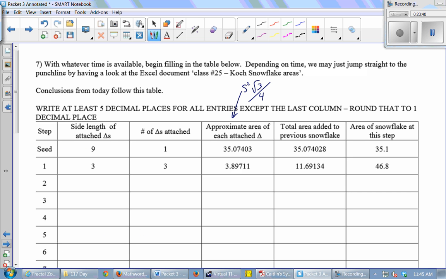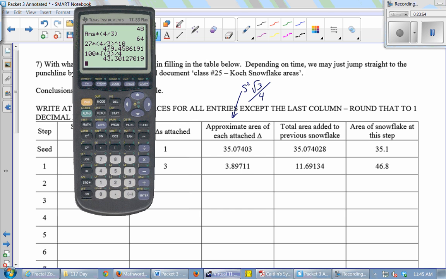So the side length of each attached triangle, at step 1, I'm attaching 3 triangles. They have side length of 3. I'm attaching 3 of them. The approximate area of each attached triangle, well, you take the side length, and you do the side length squared times the square root of 3 divided by 4, and you get 3.89711.